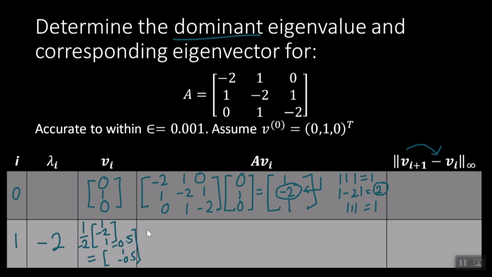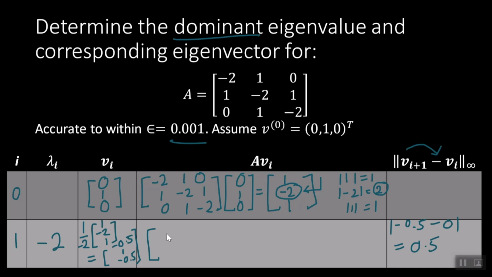And then we have the absolute value of -0.5 minus 0, so this gives us 0.5. And it's the same for the top and the bottom entry. So we need to continue the iteration up to when the error is less than 0.01. So 0.01 is the stopping criteria.